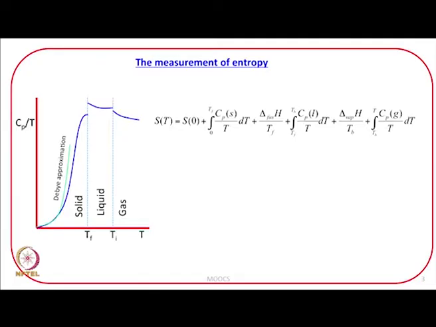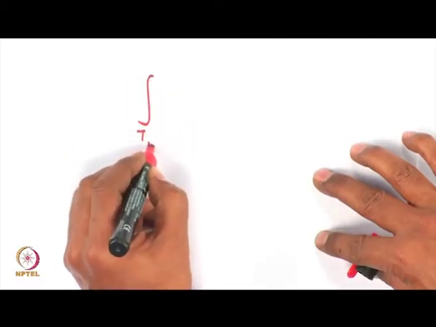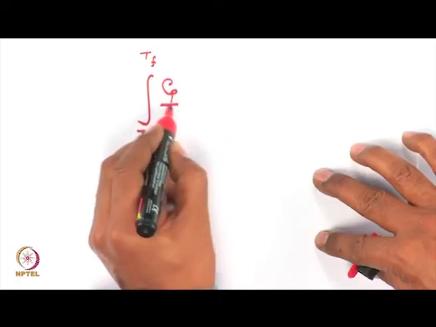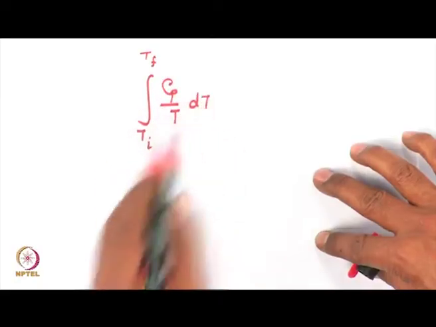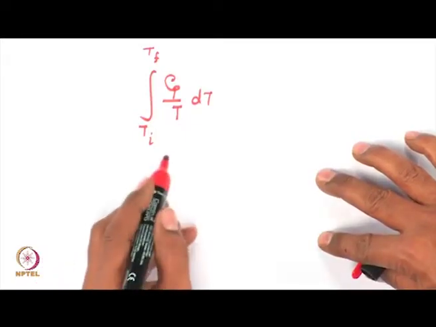Now, the question is, how do we evaluate these integrals? One is numerical integration or by a graphical method. What we have is we need to integrate from, let us say, Ti to Tf Cp versus T dT. These integrals we have to be evaluating.